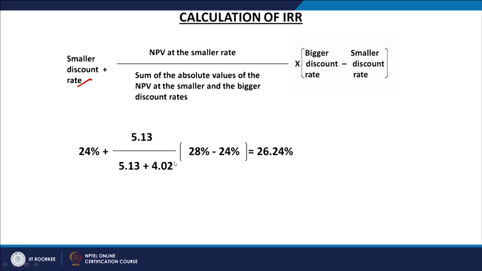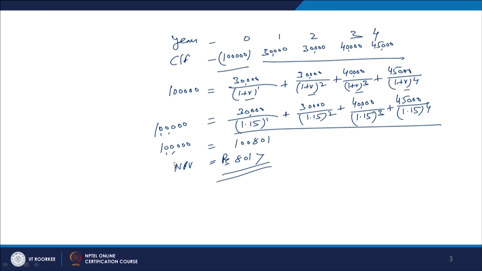In the other problem we did, it was lying somewhere between 15 and 16, and when we applied this concept it was clearly found to be 15.37%. So, the exact internal rate of return can be found with the help of this process.